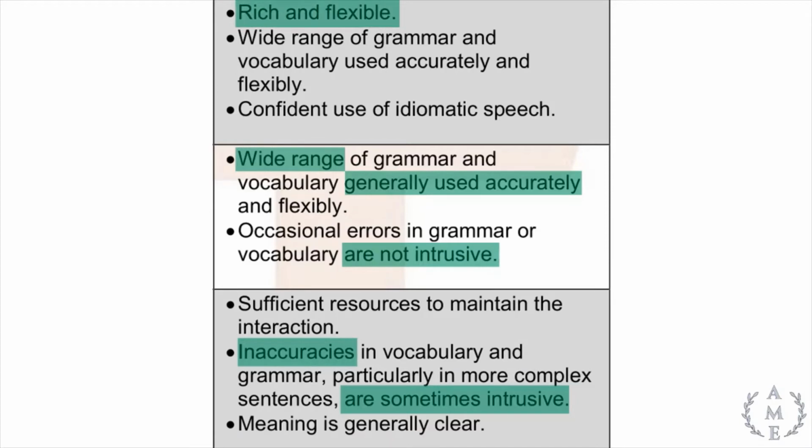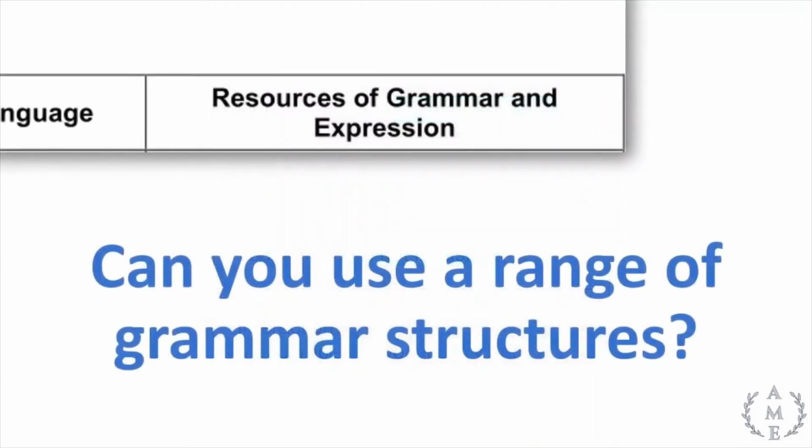Finally, again, to get that top band, you really need to show an almost native-like command of the vocabulary and grammar that you're using, and you need to be using complex language in a very natural sounding way. Okay, so those are the areas in which you're going to be graded for the linguistic criteria in your speaking task.